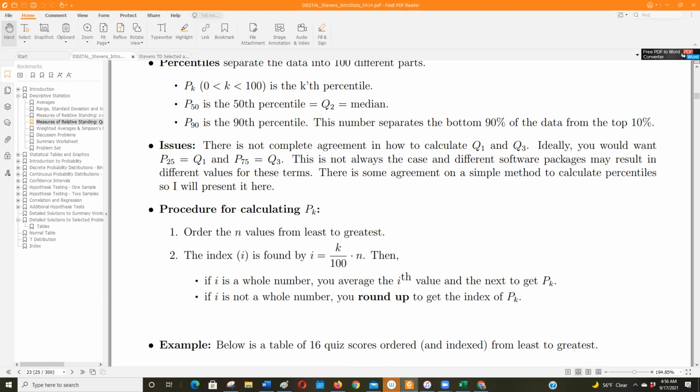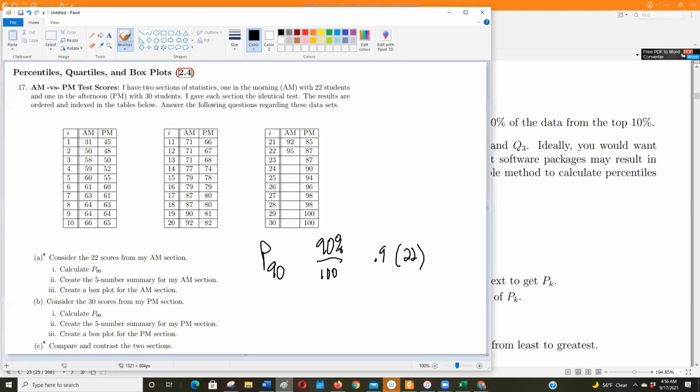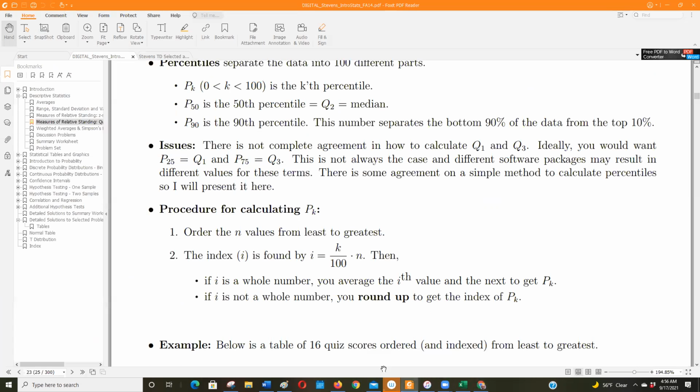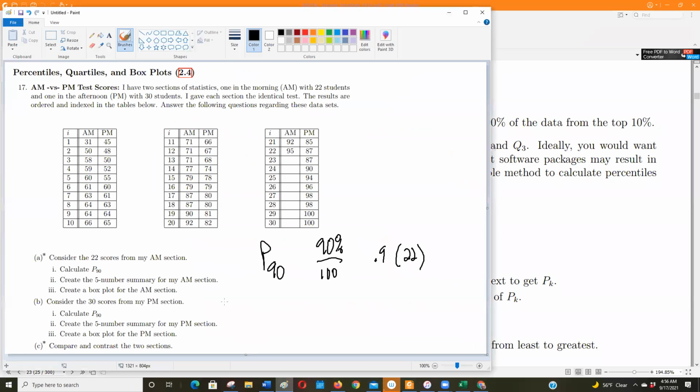Since I've got 19.8, I'm going to round up to 20, and then go to my index number. The 20th number, so that means 992 is the 90th percentile of the AM scores.